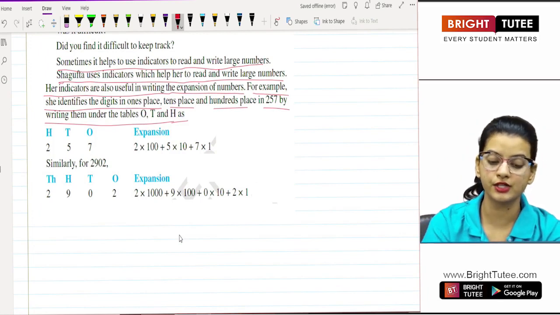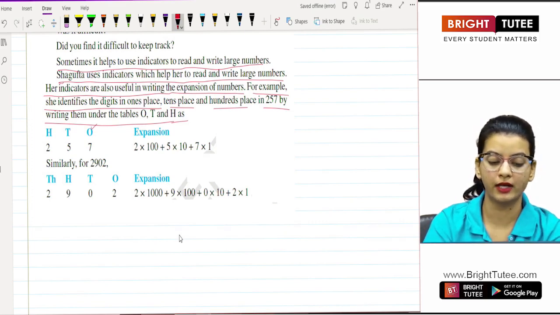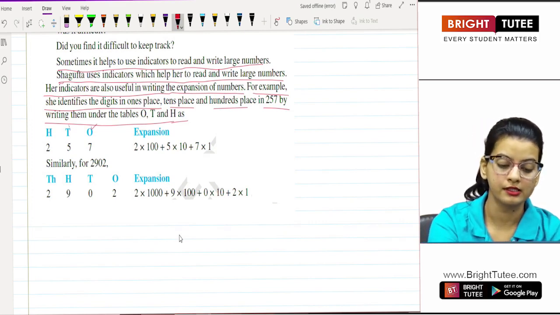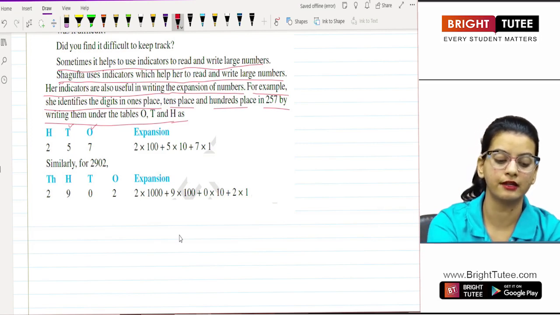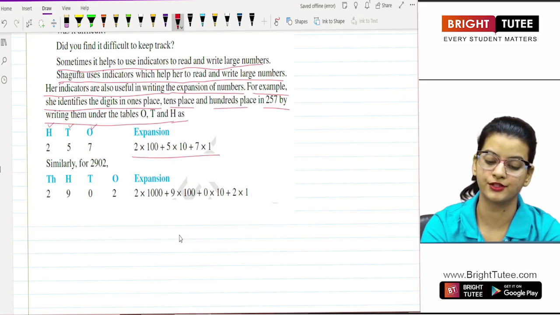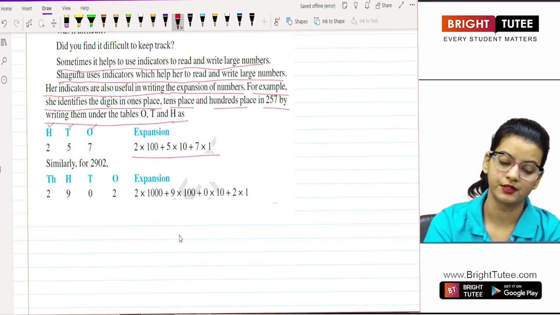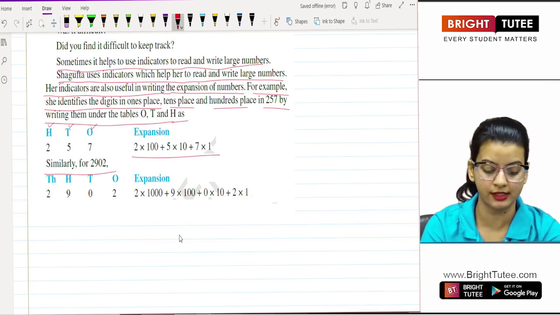It's a 3-digit number, so we have written the digit in the ones place under O, the digit in the tens place under T and the digit in the hundreds place under H. So we can expand this as 2 into 100 plus 5 into 10 plus 7 into 1 and we can read this.